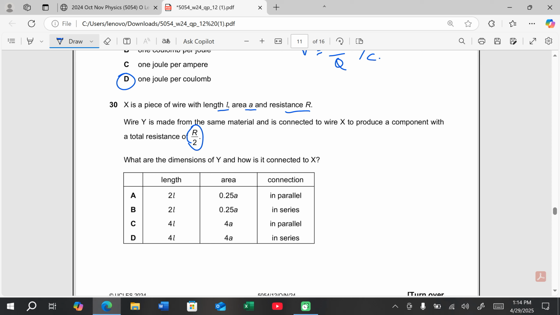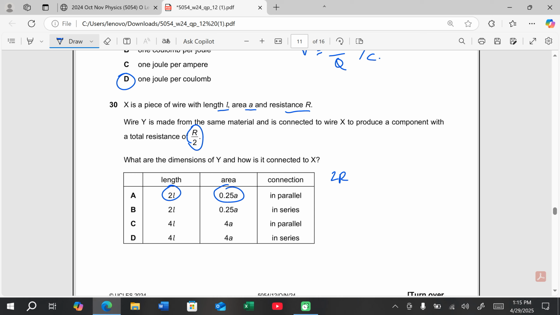If the length is doubled, the resistance also doubles. The area is 1/4 and it is in parallel.